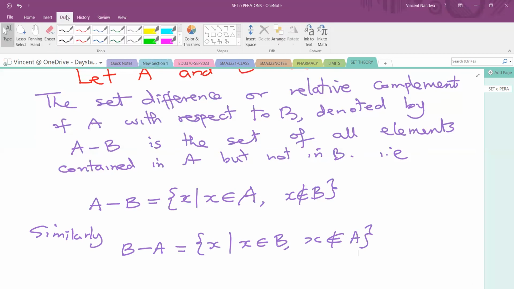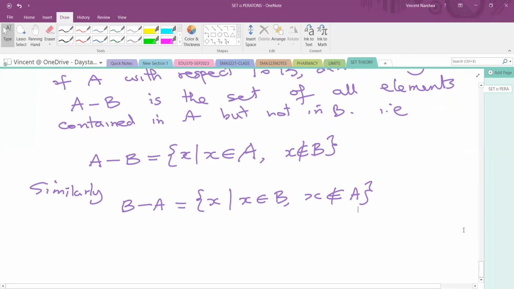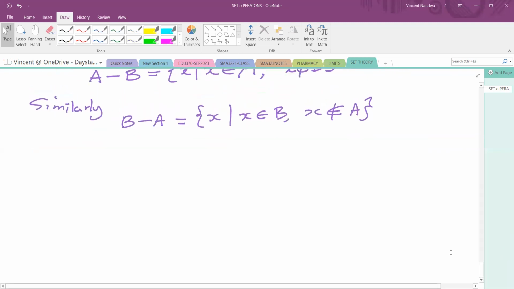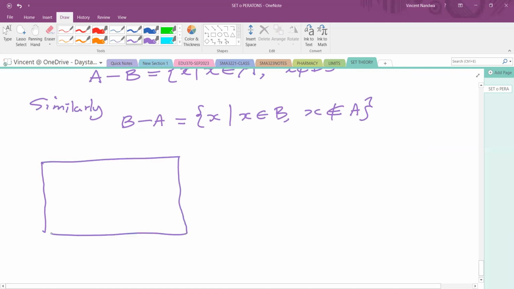As usual, we draw a Venn diagram to see how we can interpret these sets, A minus B and B minus A. Let this be the universal set.